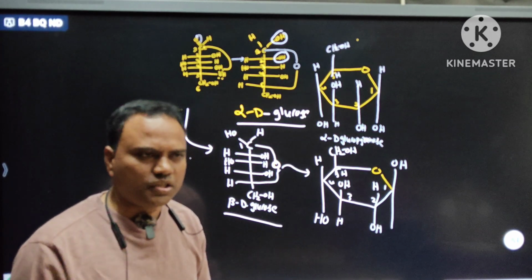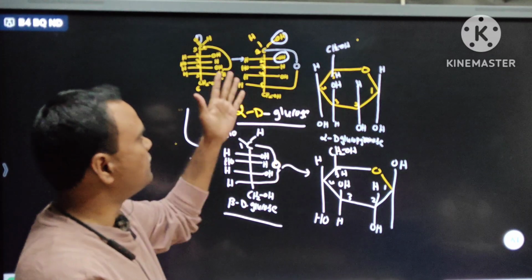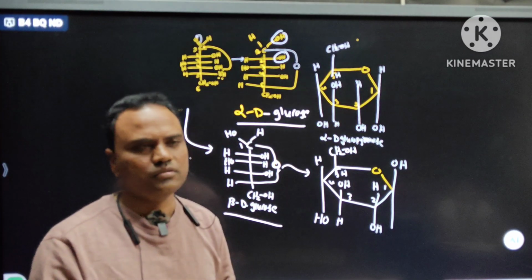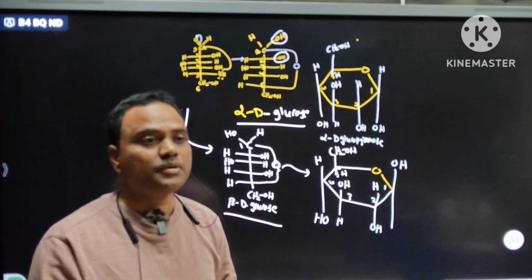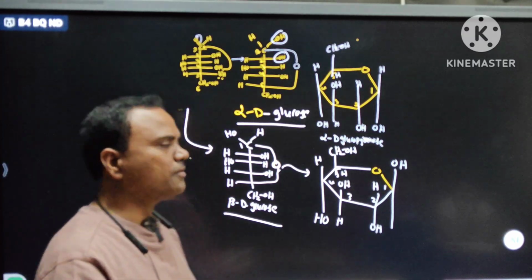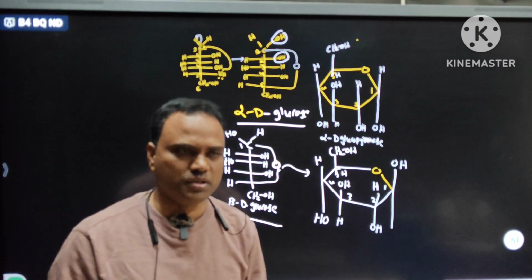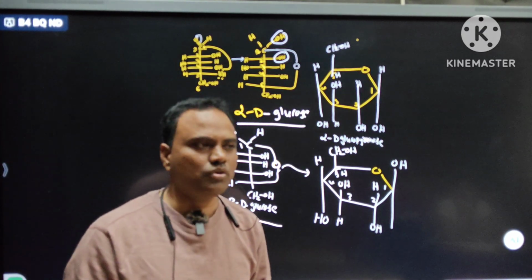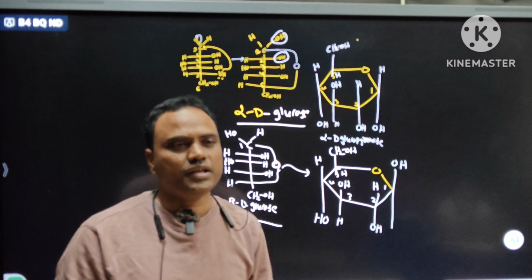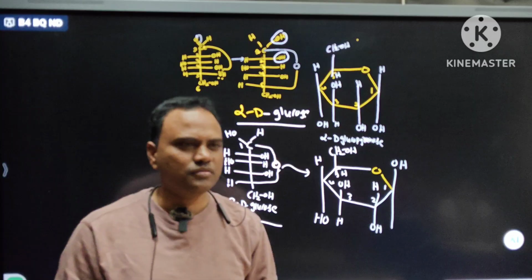Alpha D glucose and beta D glucose are the cyclic structures. At which carbon do these two differ? At the first carbon. The carbohydrates which differ at the first carbon are called anomers. What are epimers? Those which differ at second, third, fourth, any carbon, not only at the second carbon.